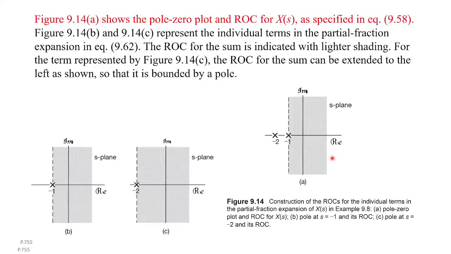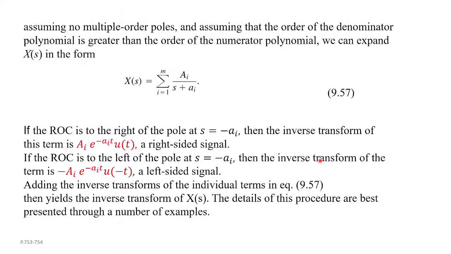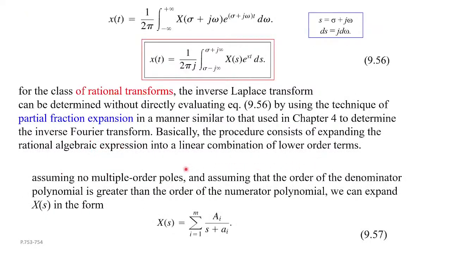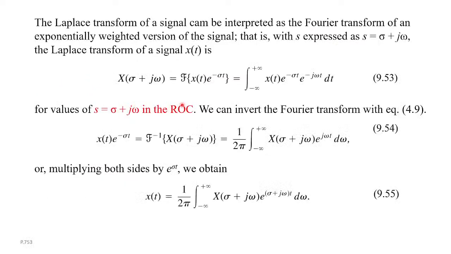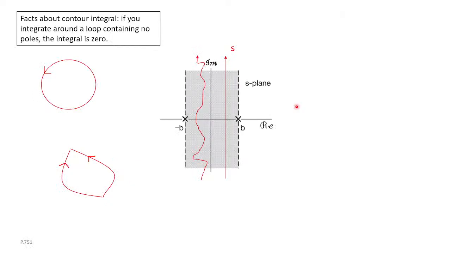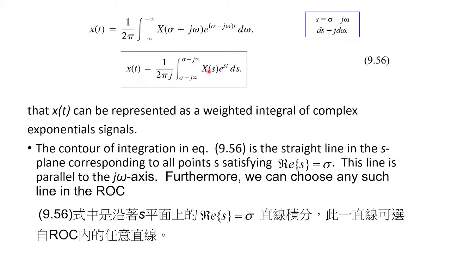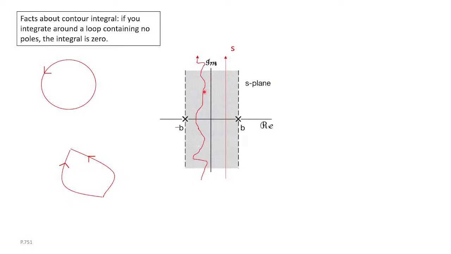Oh, I guess I missed something. So the most theoretical thing that we want to use in the calculation: for general inverse Laplace transform, you can always calculate it as a Fourier transform of x(t) times e to the minus sigma t. You can also think of this more generally as a contour integral inside the ROC.